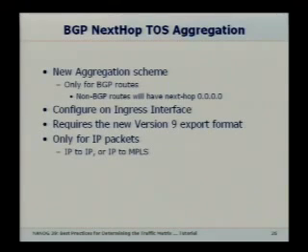There's also a new aggregation scheme which I've been using myself in a few deployments lately, which is the BGP next hop aggregation. This is really easy because it will tell you for traffic on a certain router, not the destination where it's going, but it will tell you which is the next hop in the BGP table.